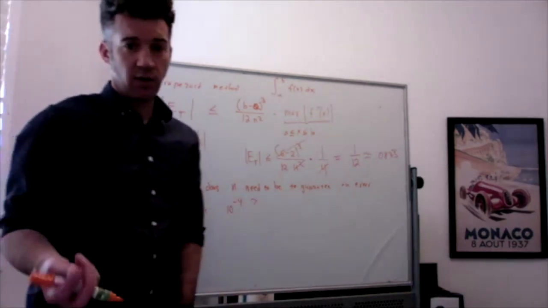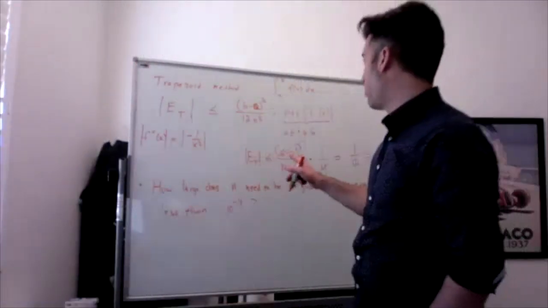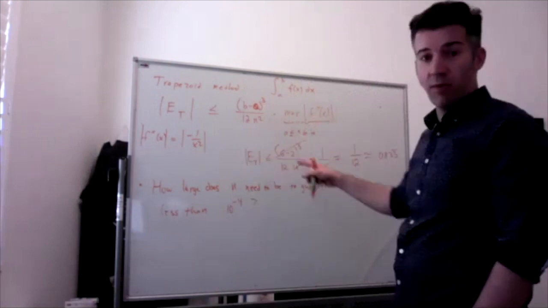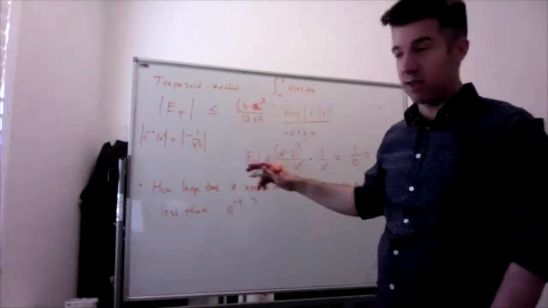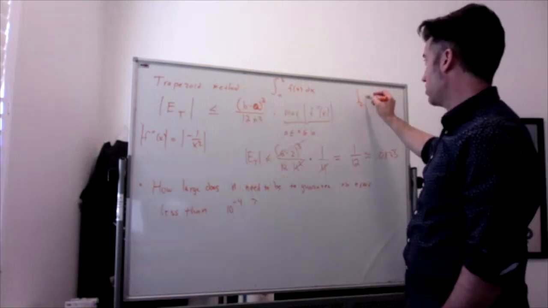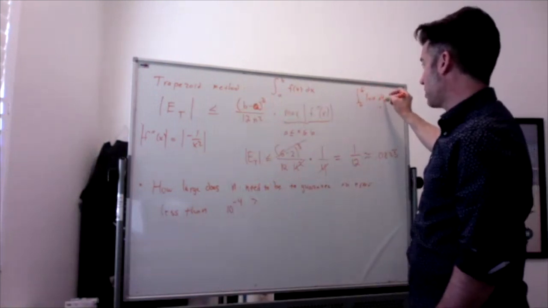So in this case, we know all the information in this formula except for what n is. So what we're saying is we still have the same b and a, right? It's the same integral from 2 to 6 of natural log of x dx.